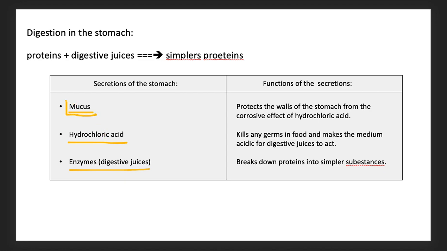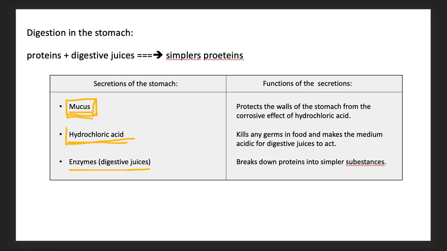Because the stomach also produces mucus. I hope you know what mucus is, because I wouldn't want to explain it. Anyways, mucus is the secretion of your nose. To protect the stomach from the effect of the hydrochloric acid, our stomach also secretes mucus.